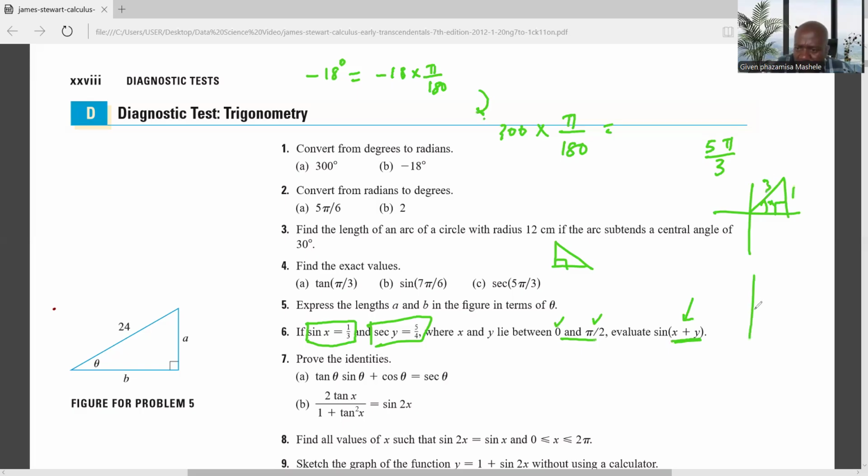Then you also do the one of sec. Same applies. Remember, sec is the reciprocal of cos. Cos is adjacent over hypotenuse, so sec is hypotenuse over adjacent. So the hypotenuse is 5 and the adjacent is 4. So you're going to get the y here. Then you use the compound angle to get that.